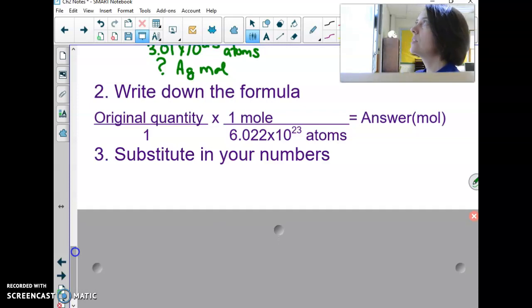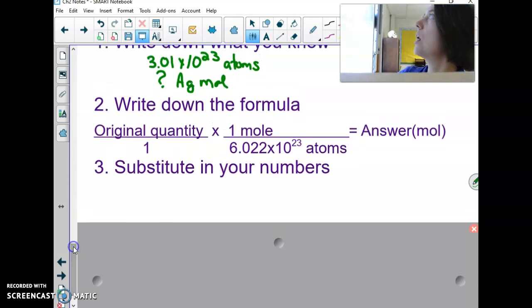So my original quantity is this number, 3.01 times 10 to the 23rd atoms.